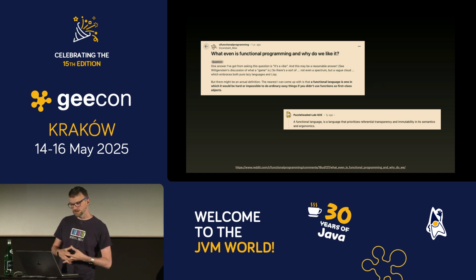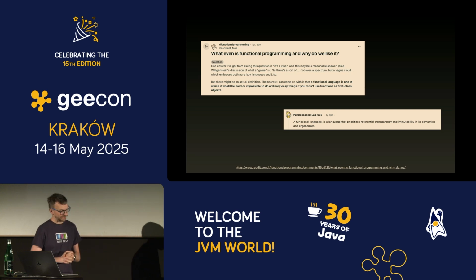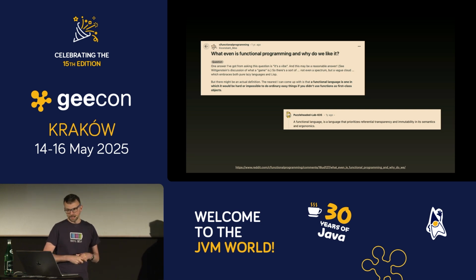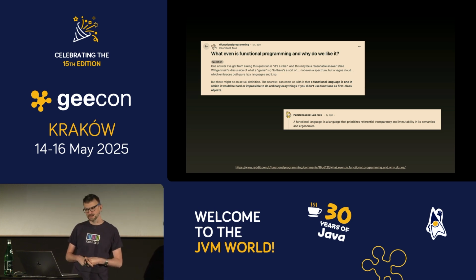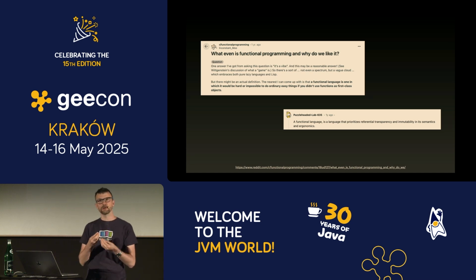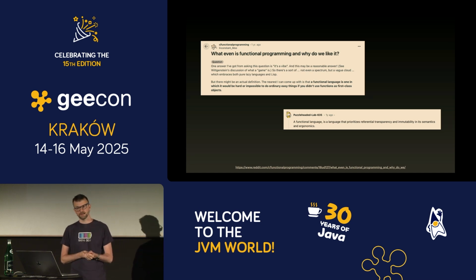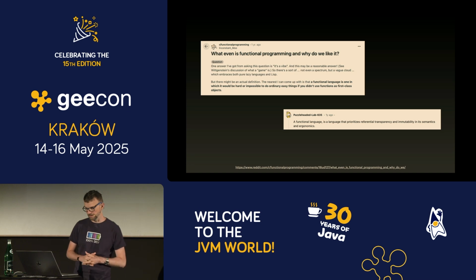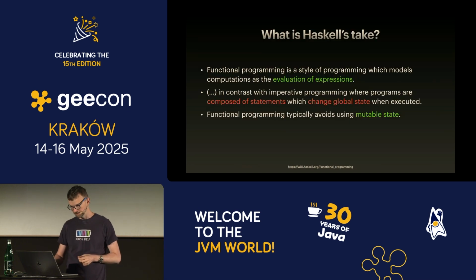But then it follows with, I guess, good intuition as well, that an FP language is one in which it will be hard or impossible to do ordinary easy things without using functions, right? So it focuses on this ergonomic aspect of how we can actually use functions in our languages.